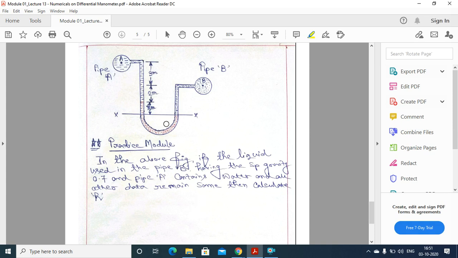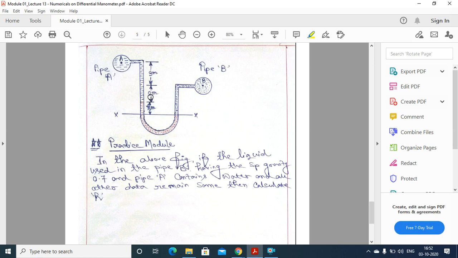The pipe B contains the liquid whose specific gravity is 0.7 and the pipe A contains the water whose specific gravity is 1 and the density is 1000 kg per meter cube. And the other data will remain same.